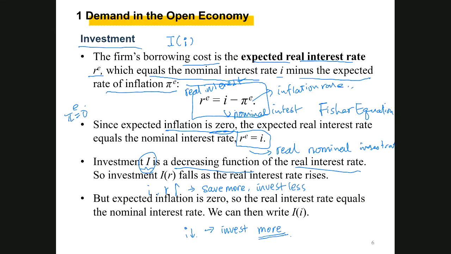Okay, so remember, what is C? C is a function of income, right? Whereas I, investment, is a function of the interest rate. And what is the last one for us to compose the GNE?